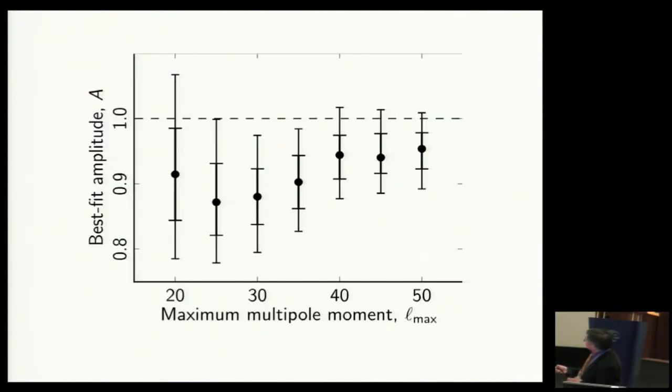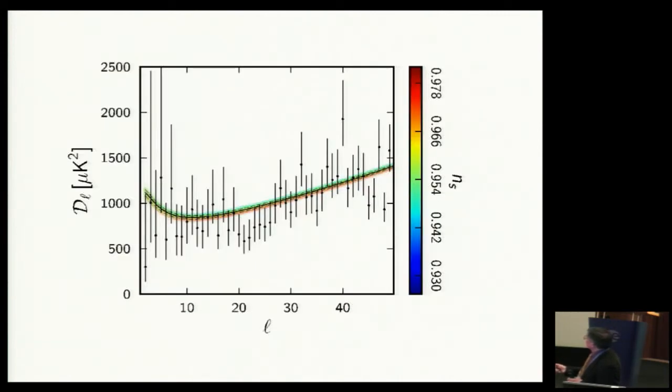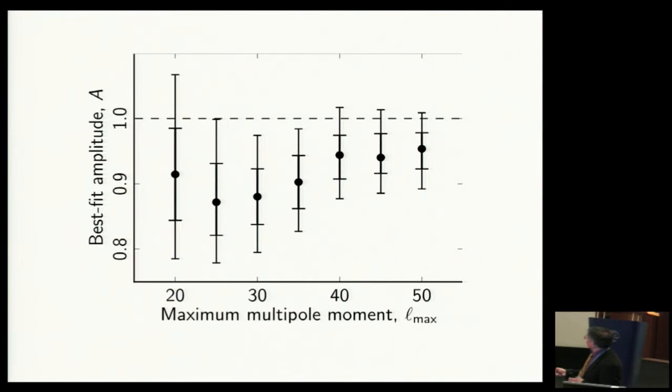So this now just shows you the plus or minus 1 sigma, 2 sigma errors on the ratio of the amplitude that you get from fitting the base model only to multipoles up to a certain value, L max.